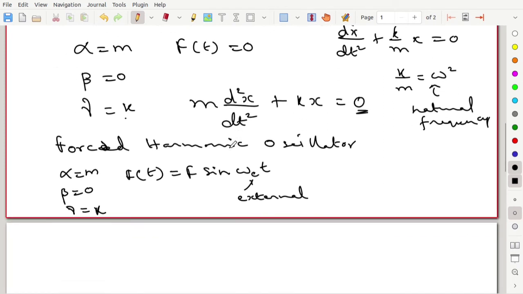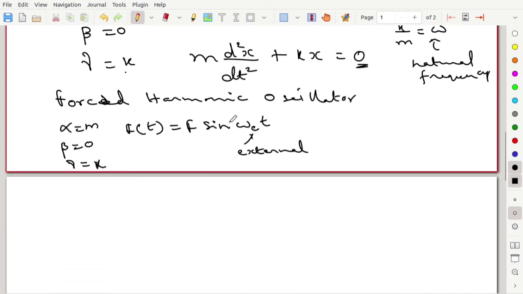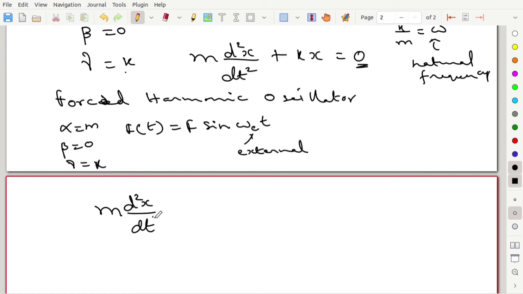So in that case we can write the above equation as m d square x by dt square plus kx equal to F sin omega_e t.